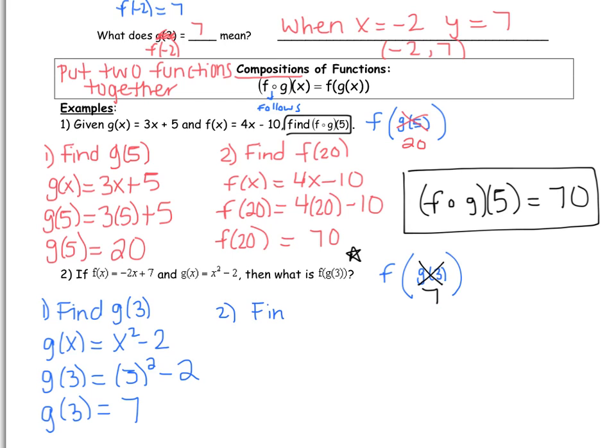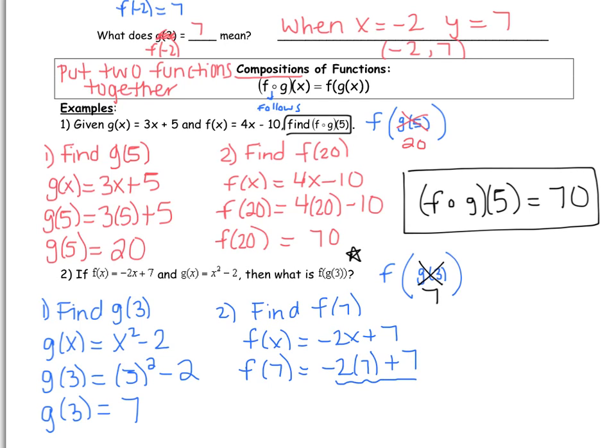Find f of 7. So I'm going to rewrite the f of x function. And I'm going to find f of 7. Now you can pause the video and put this into the calculator, or do it in your head. Negative 2 times 7 is negative 14.